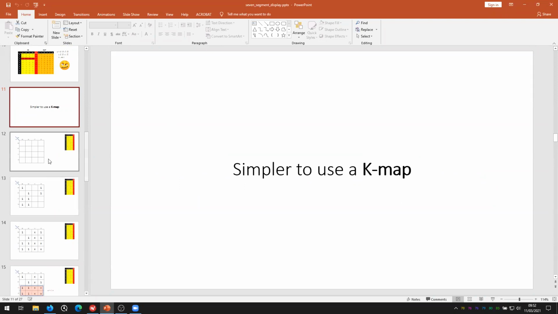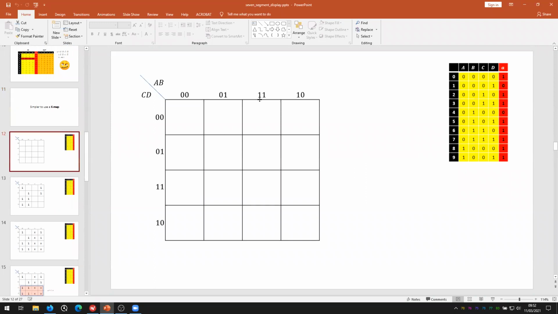The only thing I can really say is that you can extend this to higher bits. So you can have 5 bits, 6 bits, and so on. If we had 5 bit inputs, then you would maybe have A, B, C up here and then D, E down here, and the KMap would extend across here.